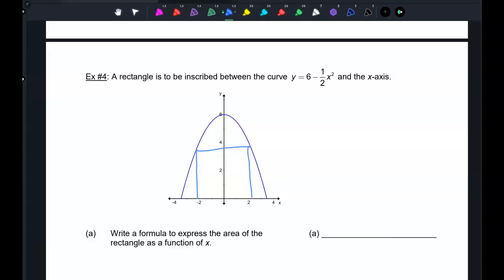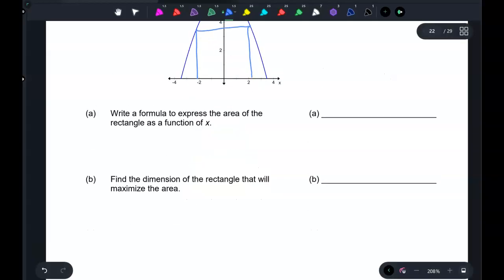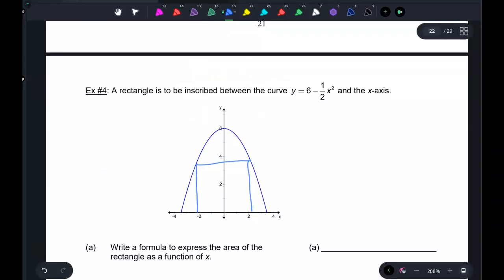My goal here is to get the biggest rectangle that I can fit under that curve. I want to maximize the area that's going to be inscribed, but I first have to come up with a formula.